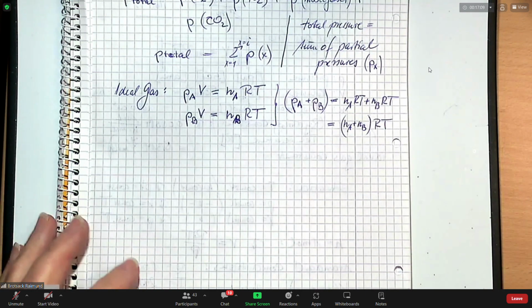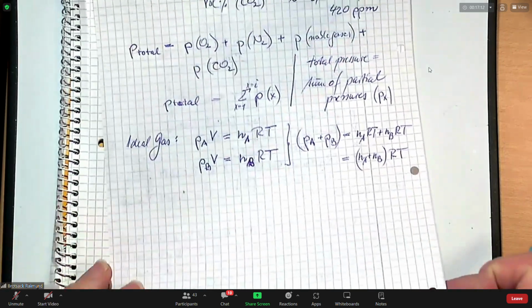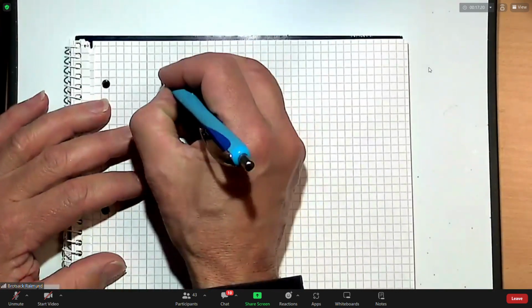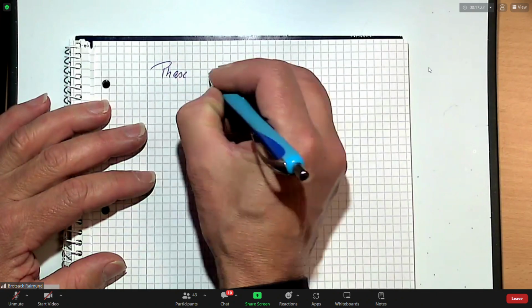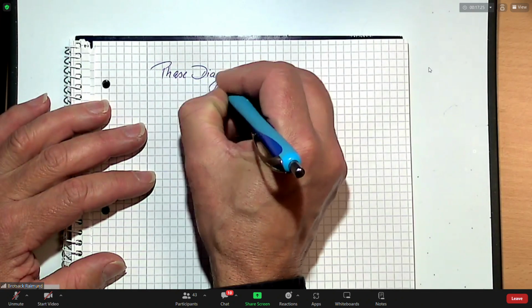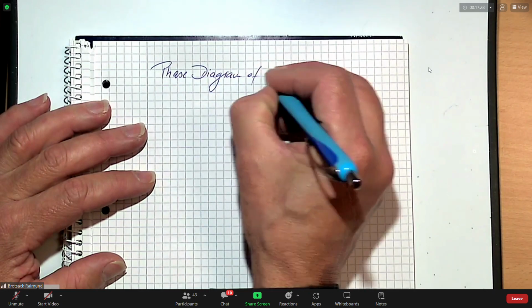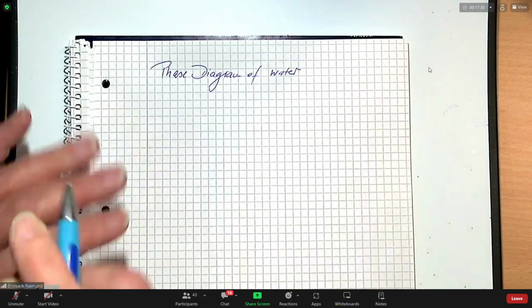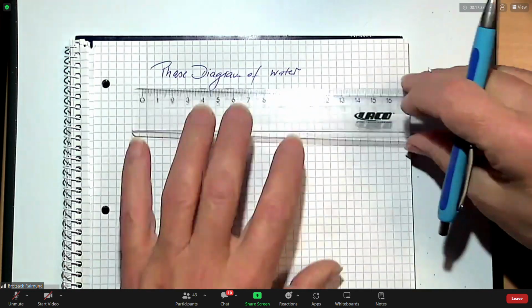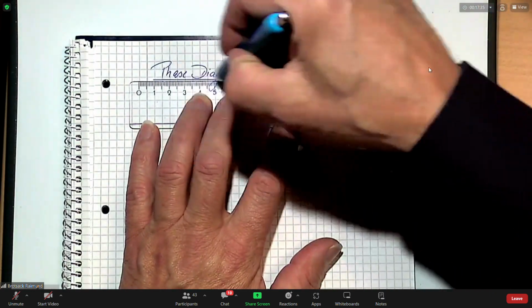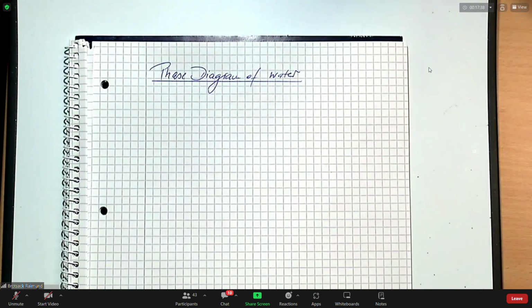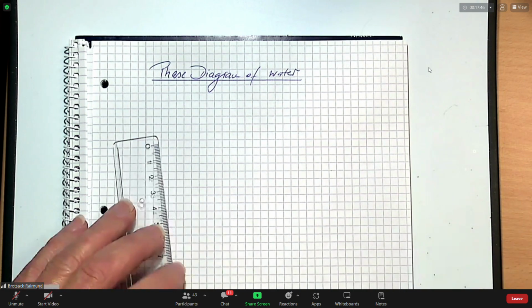Well, I'd like to talk with you about one example, which is the phase diagram of water. For the phase diagram of water, we need two axes.